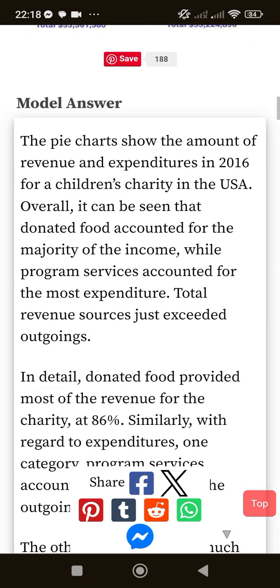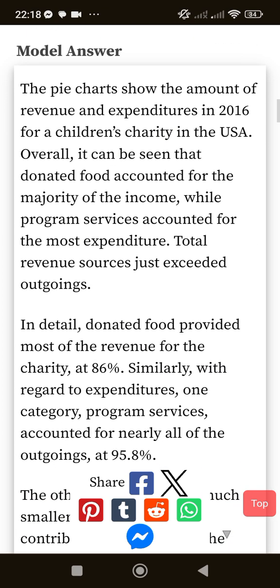Okay, so now let's have a look at the model answer that we have got over here, and let's go through the main things here. So the pie charts show the amount of revenue and expenditures in 2016 for a children's charity in the USA. So see, this statement clearly reiterates the main idea given in the task.